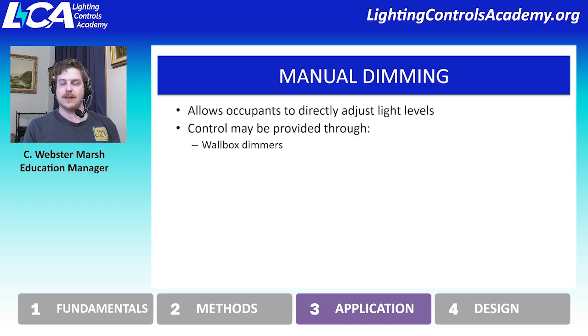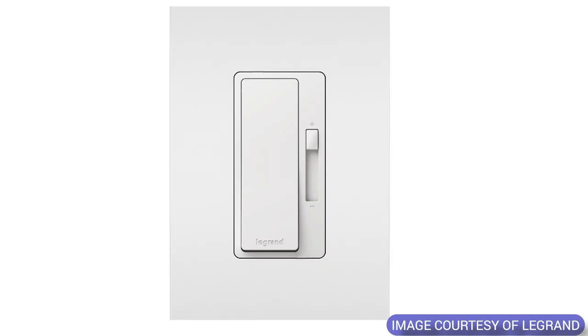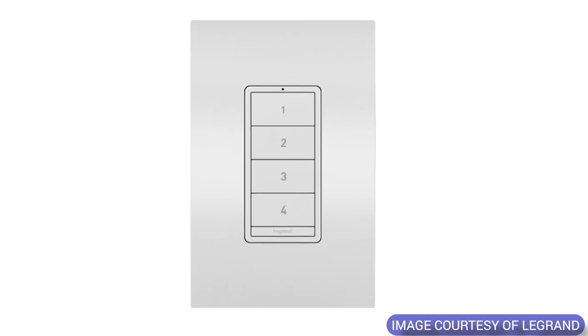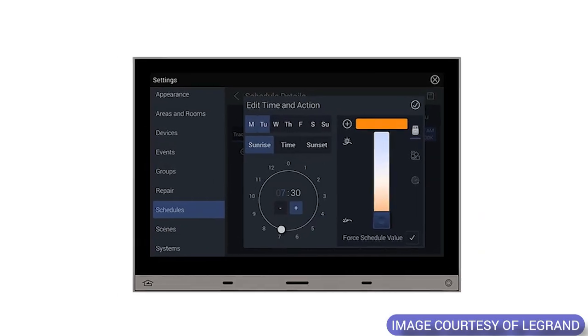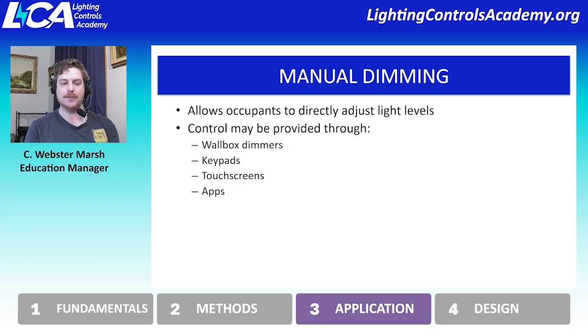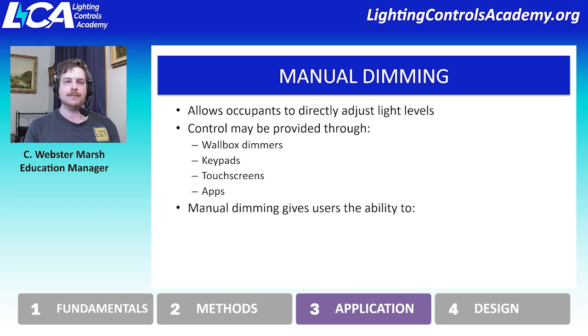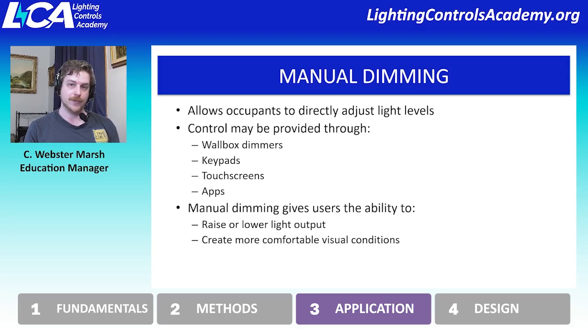It might be a wall box dimmer, it might be a keypad, it might be a touch screen, or you might have an app on your phone that gives you the ability to manually adjust how bright the fixture is. It really gives the user the ability to raise or lower the output and create more comfortable visual conditions. Again, too bright, too dark, they have the ability to adjust.